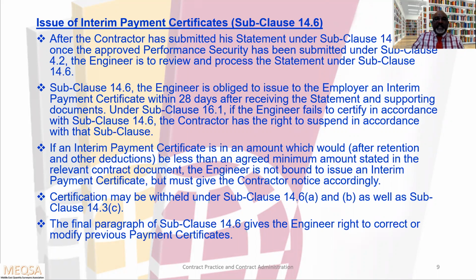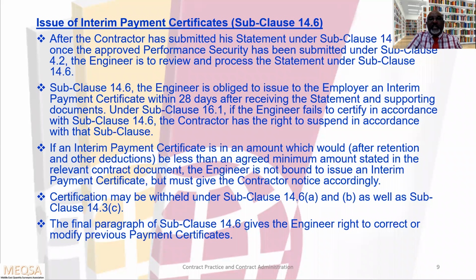The first one you can see, after the contractor has submitted his statement under subclause 14.3, and once the approved performance security has been submitted, you have to notice here, even if the contractor submits his interim payment statement, he should submit his approved performance security as well.